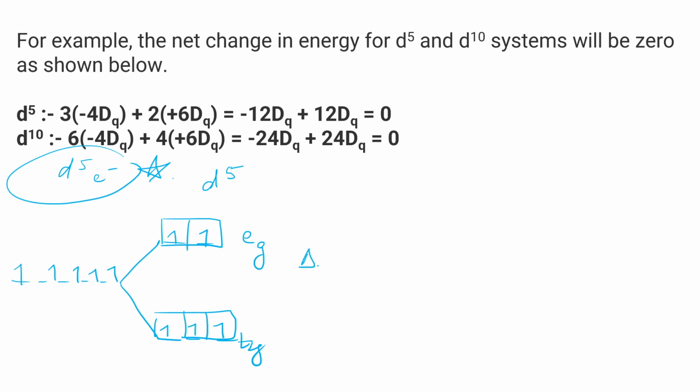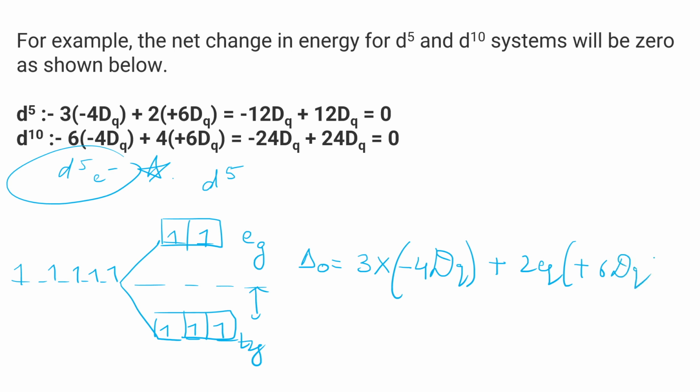Calculate the energy: 3 electrons in the lower level is minus 4 Dq each, plus 2 electrons in the upper level at plus 6 Dq each.